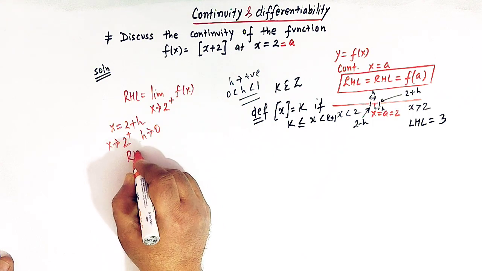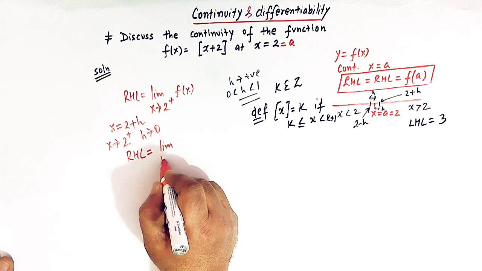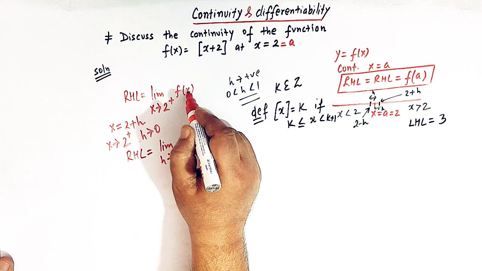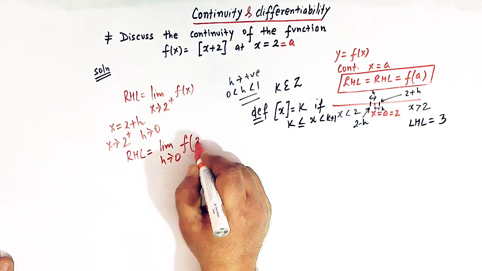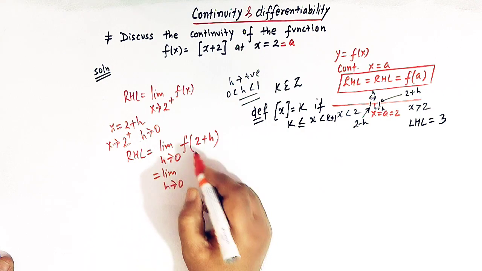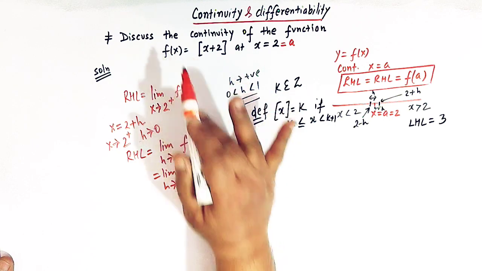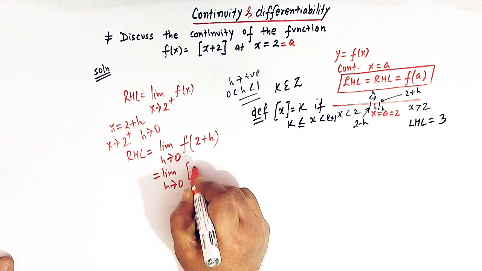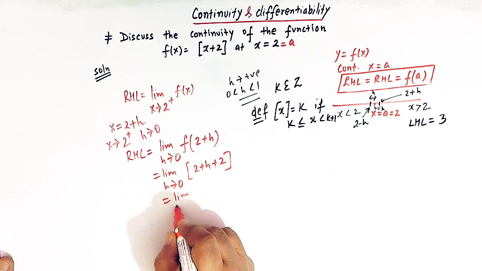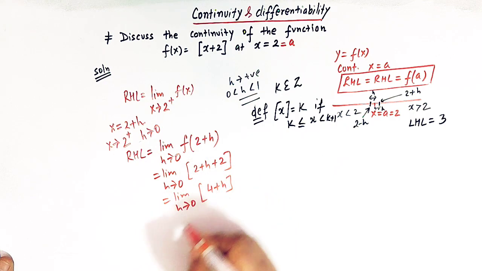So the right hand limit in terms of h may be written as limit h tends to 0 of f of 2 plus h, obtained by replacing x by 2 plus h. So here we have 2 plus h plus 2, and now we have limit h tends to 0, greatest integer of 4 plus h, right?